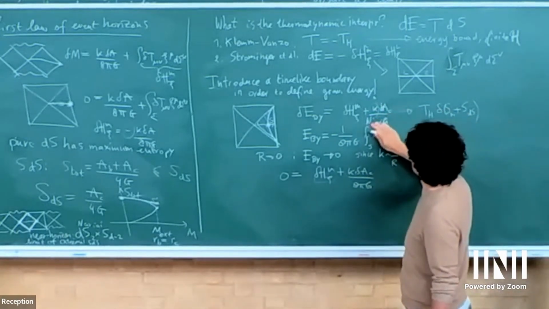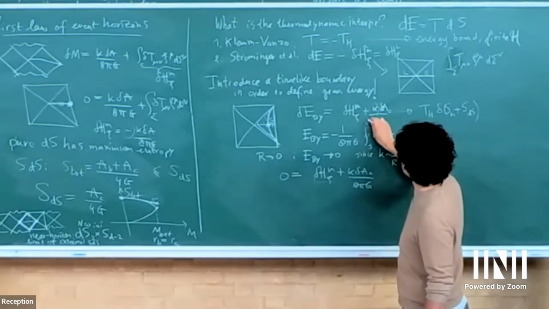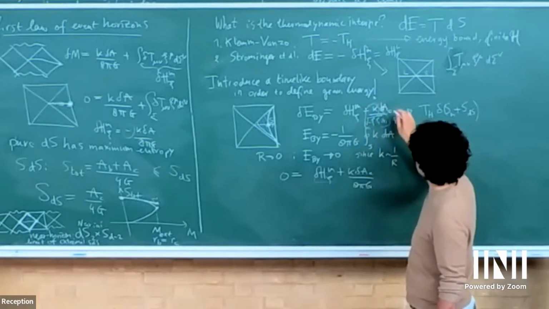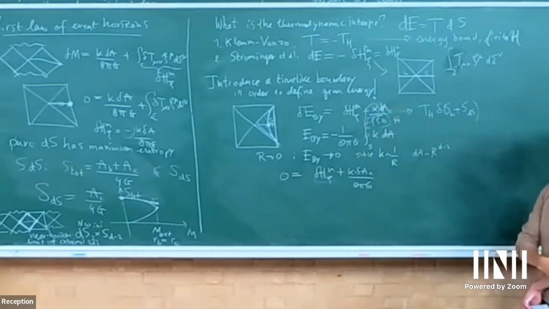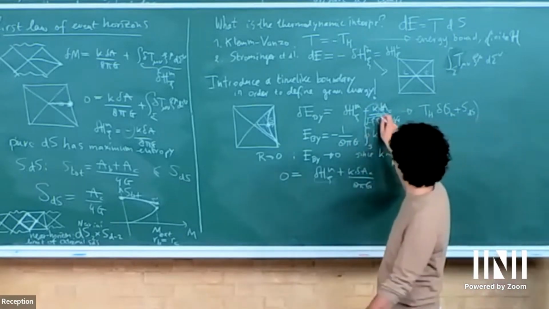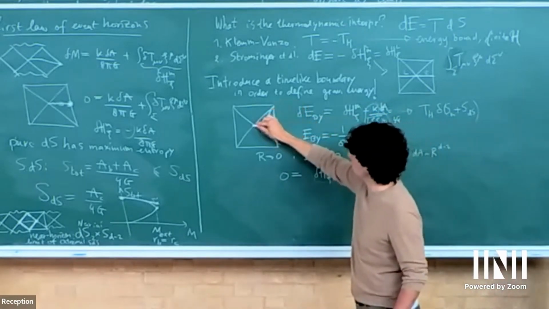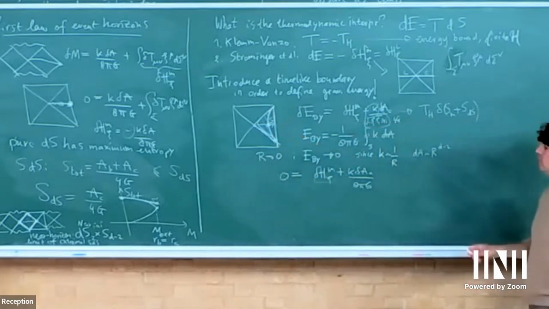What is it? N is the norm. So this is actually the Tolman temperature, and this goes to 1 at the pole, but this goes up here.